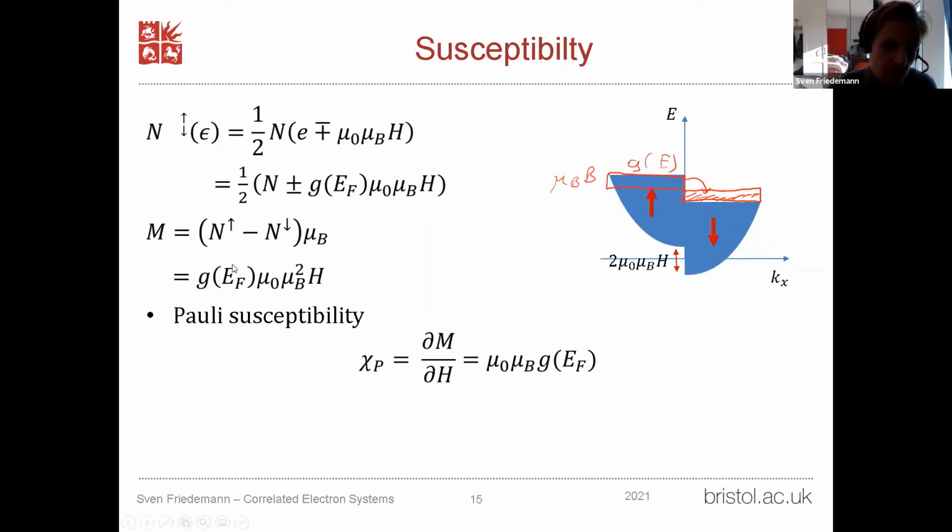The important bit is that this density of states factor is being carried forwards in this magnetization, and hence, because the susceptibility is the derivative of the magnetization, the density of states will be present in the expression for the Pauli susceptibility. There's actually two mu B squared missing here. So important bit: Pauli susceptibility is proportional to the density of states, just as the specific heat and the A coefficient in the resistivity.